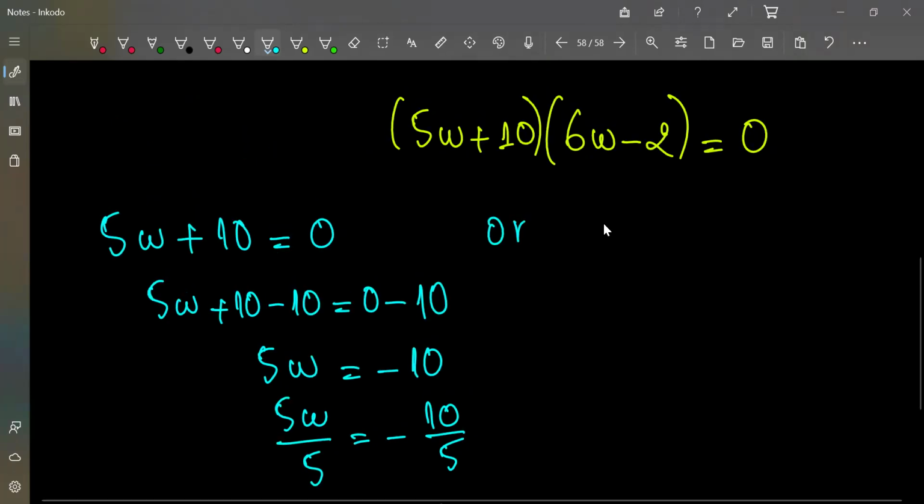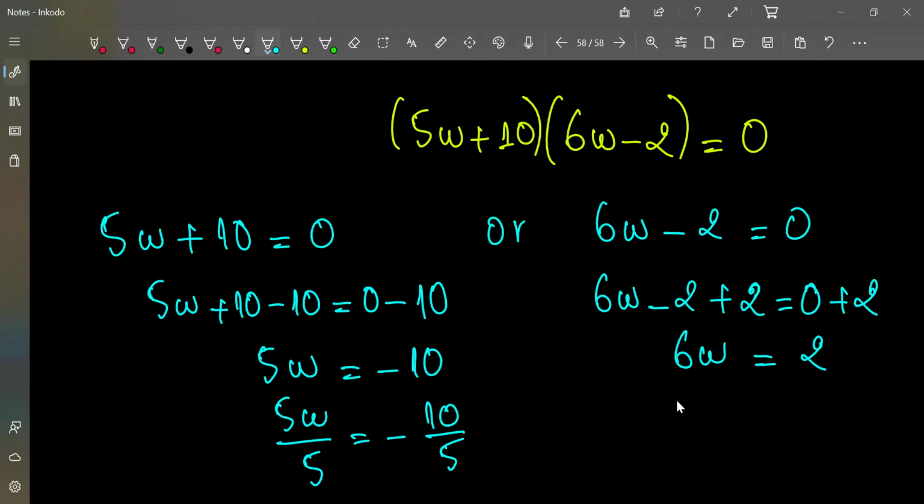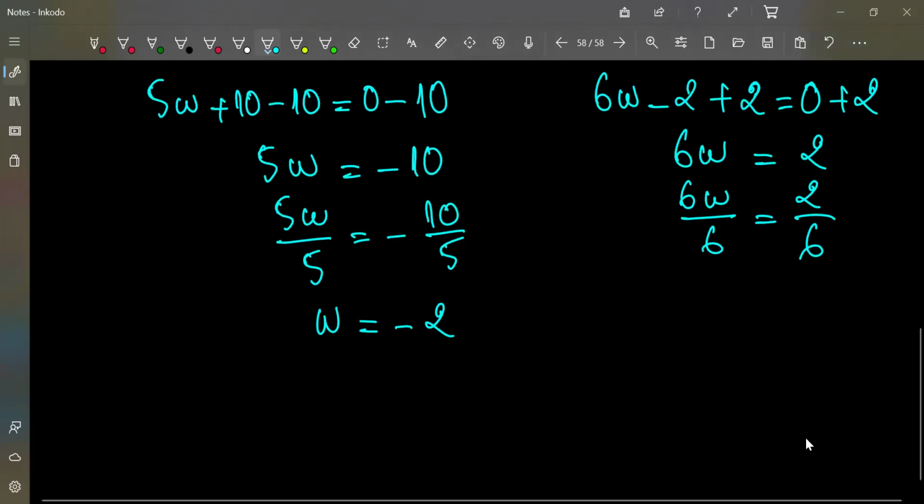And for the second factor, it equals 0. So now let's add positive 2 to both sides. Okay, so 6w is equal to 2. Then divide both sides by 6. We get 6w over 6 is equal to 2 over 6.